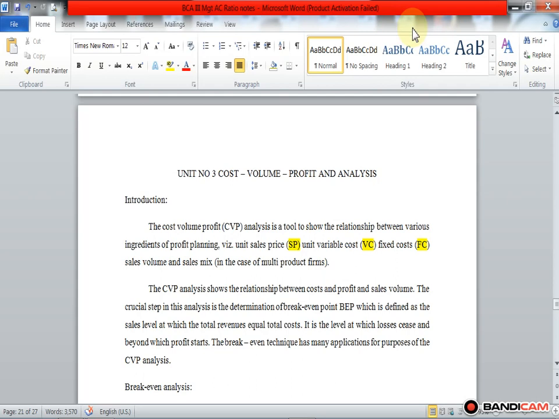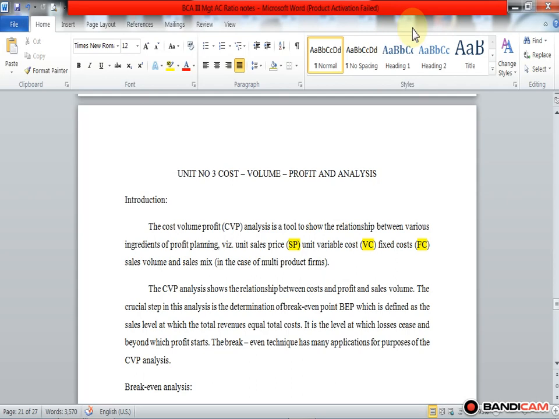Here, the CVP analysis shows the relationship between cost, profit and sales volume. It is a crucial step in this analysis. It determines the break-even point, which means the sales level at which the total revenue is equal to total cost.